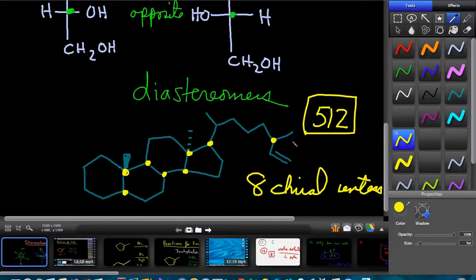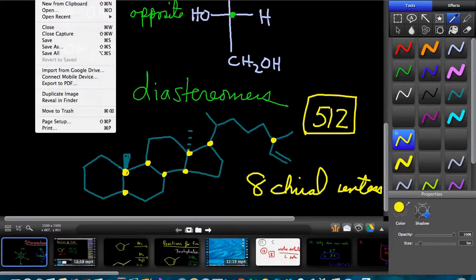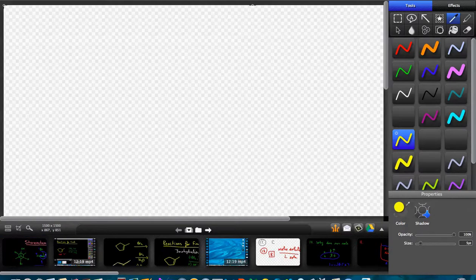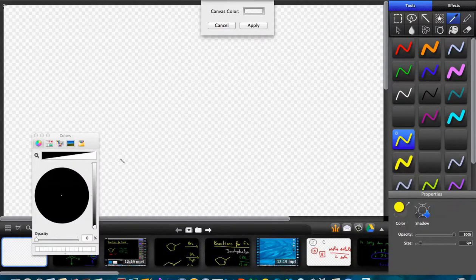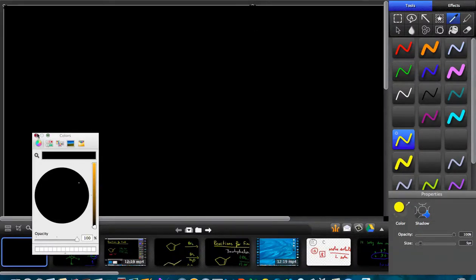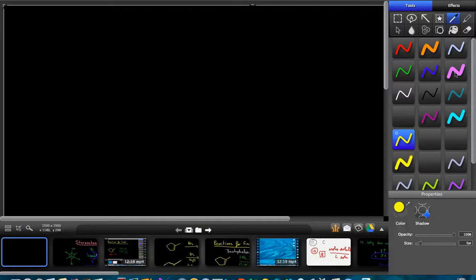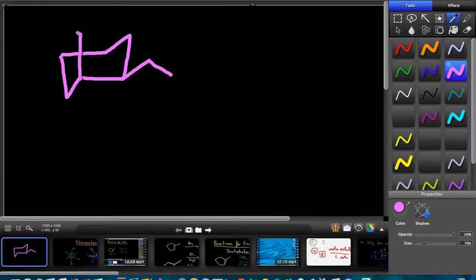One question to think about is if you have a chair conformation, and let's say you have a chair conformation where you have one axial and one equatorial.